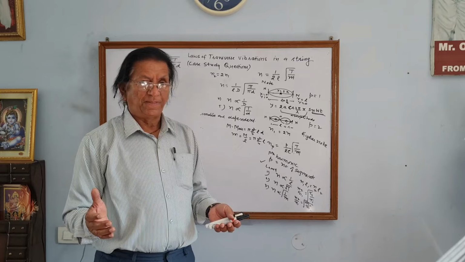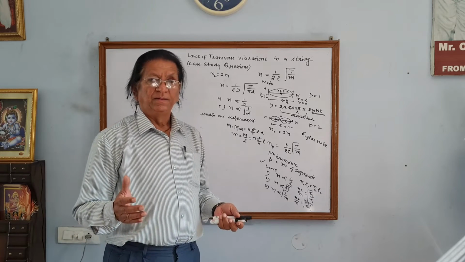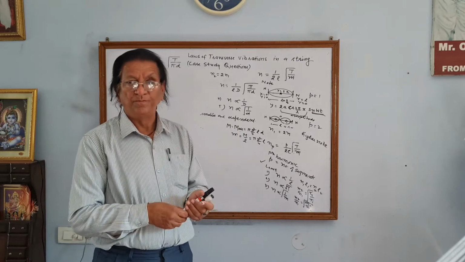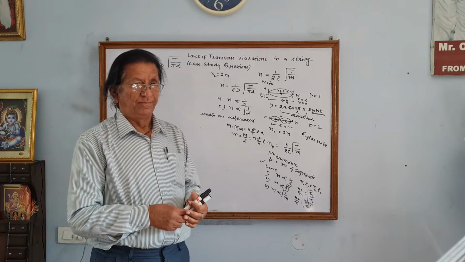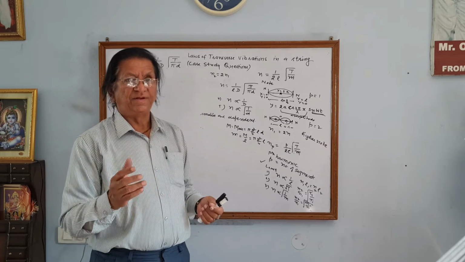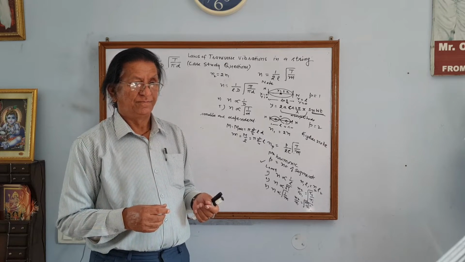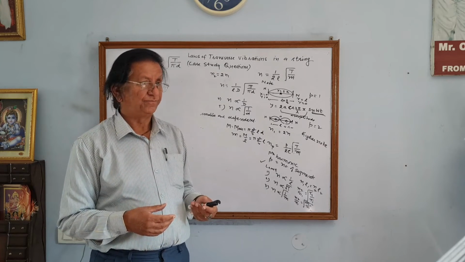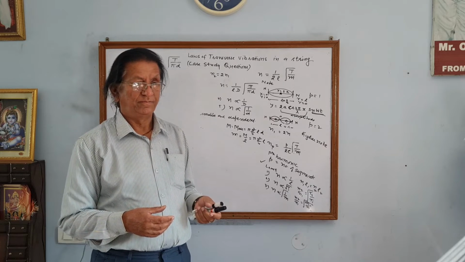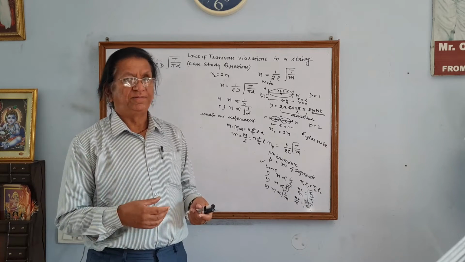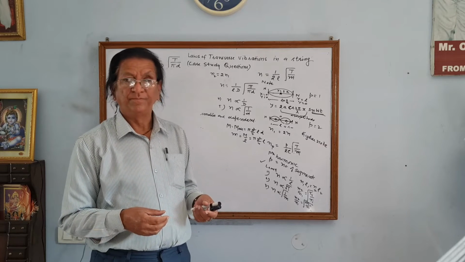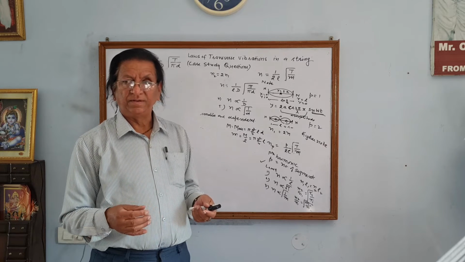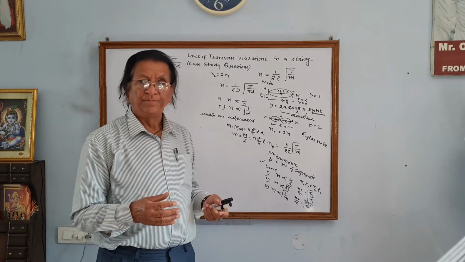So in a sonometer, the length and tension are made doubled, and the density of the material of the wire is made half.